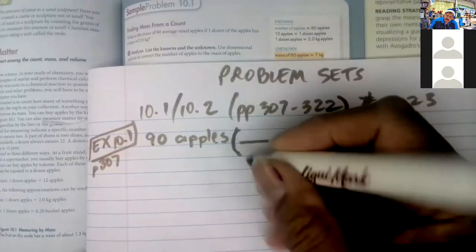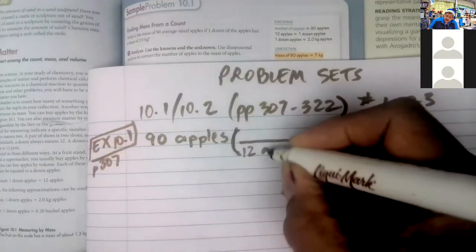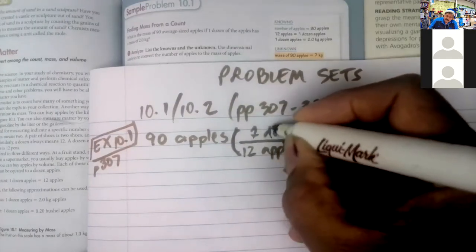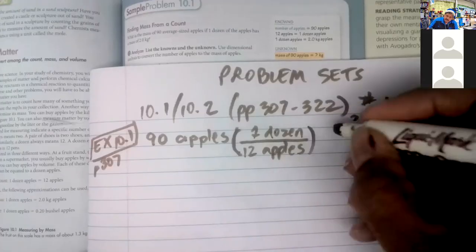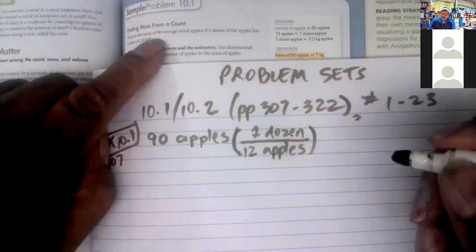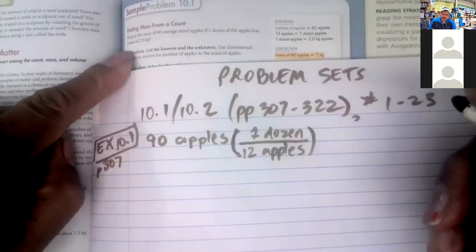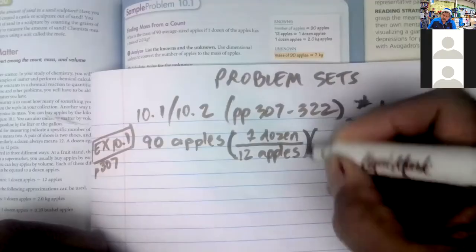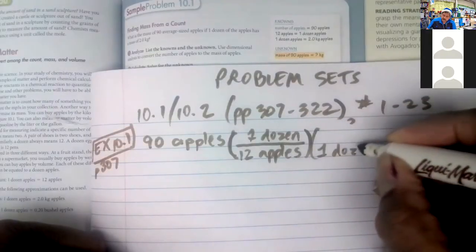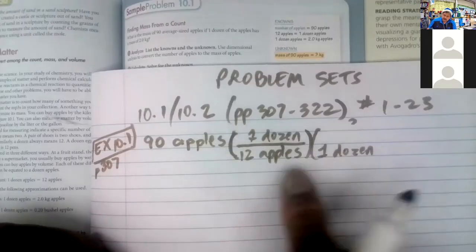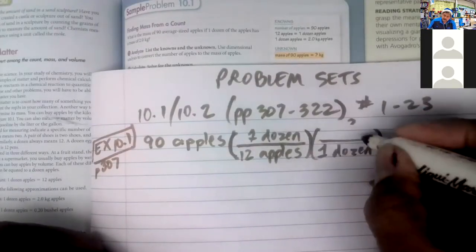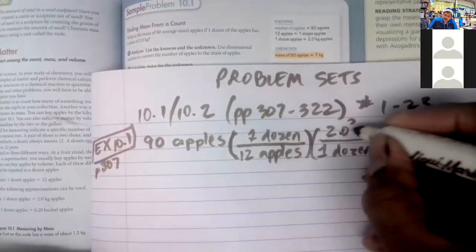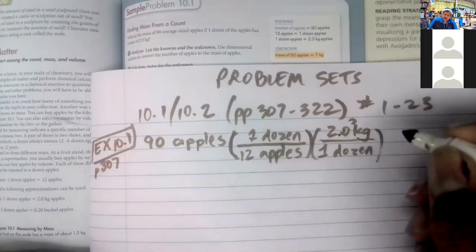So the conversion factor is, we know that there are 12 apples in 1 dozen. And from what they told us, each dozen weighs 2 kilograms. So I'm going to put dozen over there so I can cancel it. Top, bottom, top, bottom. And the mass of 1 dozen is 2.0 kilograms, which is what I wanted.